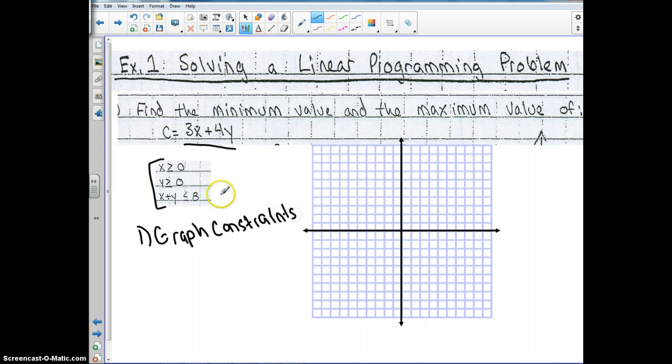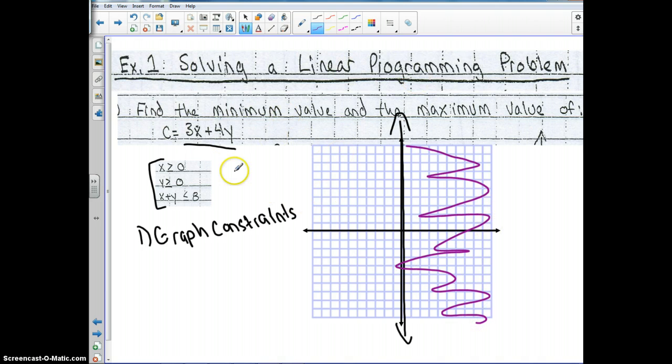The first one is x is greater than or equal to 0. This is where x equals 0, and I want to graph all the solutions in which x is greater than or equal to 0. So on this side of the line, those are my solutions.